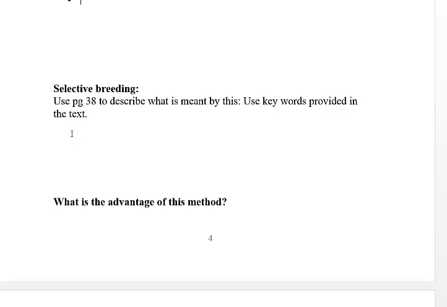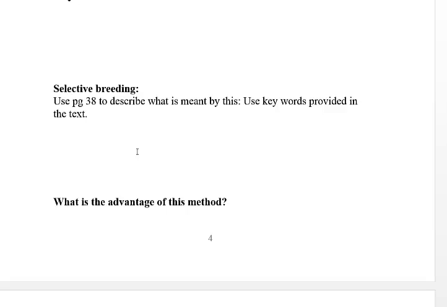Okay, so artificially selecting a male and a female of whatever species you want, whatever animal, and you've chosen them for the trait, whatever it happens to be, intelligence or gentleness or passivity or whatever it happens to be, or in the case of farmers, for good meat or good milk. Okay, so you select them and then you breed them over successive generations. Successive means one after the other.